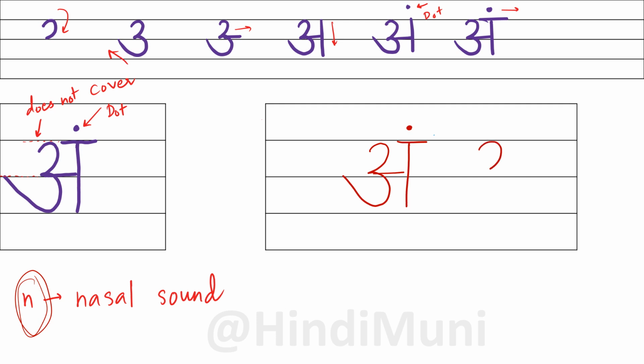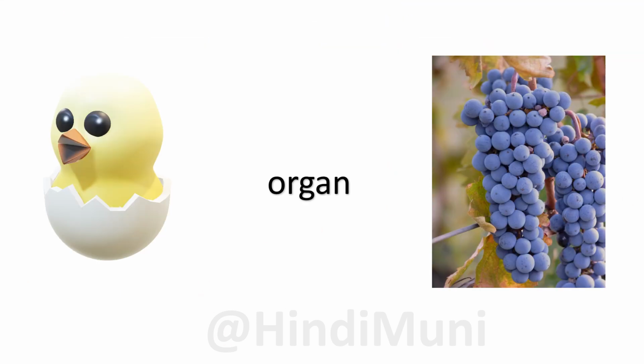Once more, smaller semicircle, larger semicircle, horizontal line, vertical line downwards, dot, then the horizontal line. You can see it over here. Ang.